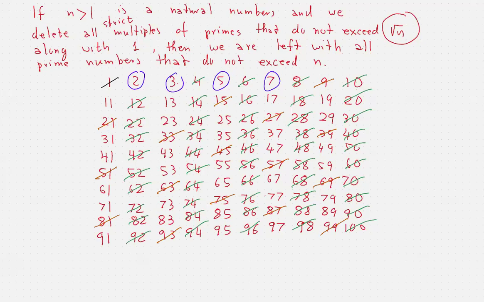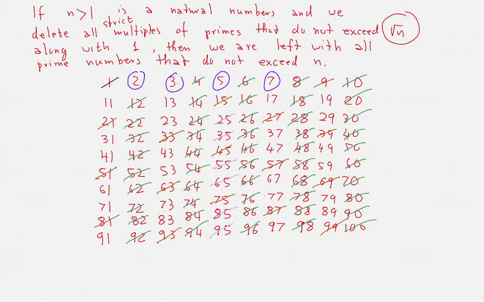Okay, now let's use a different color to get rid of the multiples of 5. So what are the multiples of 5 that have not been already deleted? They just belong to the column below 5. So we have 25, 35, 55, 65, 85, and 95. All other multiples of 5 have already been dealt with. And finally, let's deal with the multiples of 7. Let's use yet a different color for those. I'm not sure if these colors are so discernible, so I'm sorry about that.